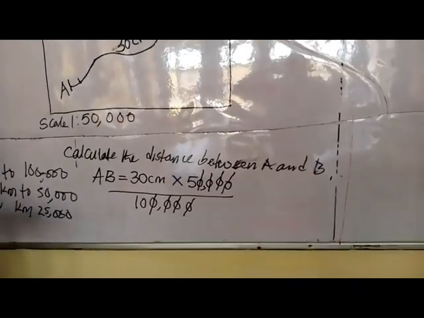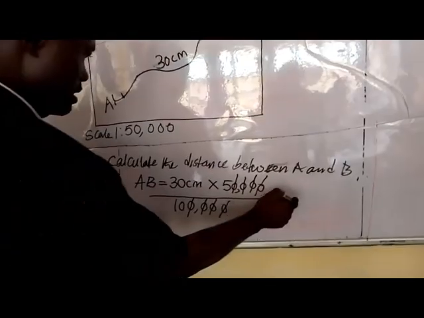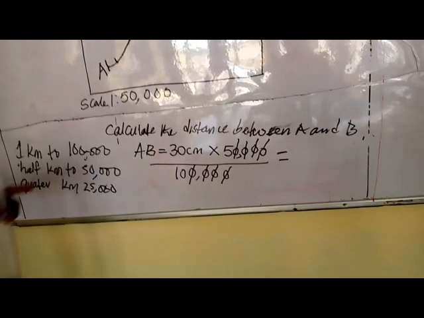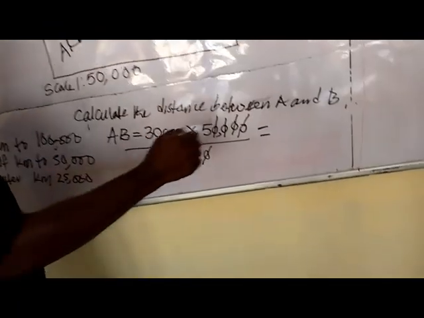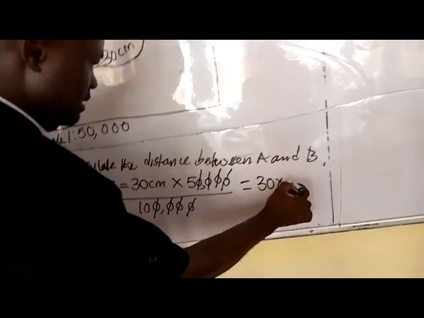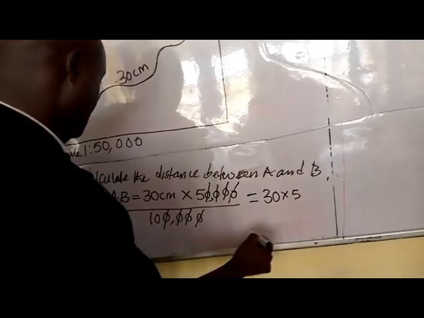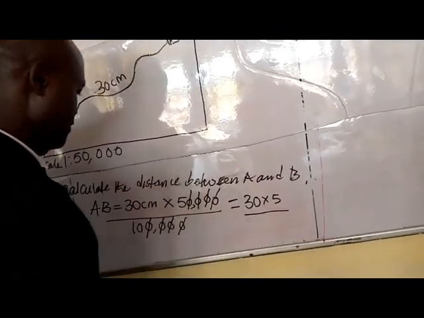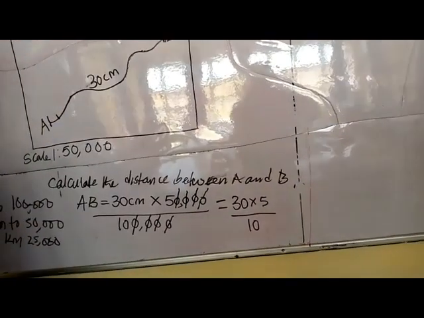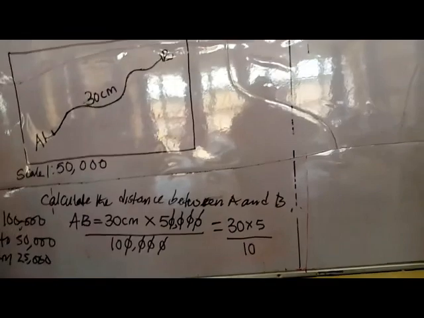We are left with 150, so it means that we are left with 15. It means that we will now multiply 30 times what? 5 divided by 10.